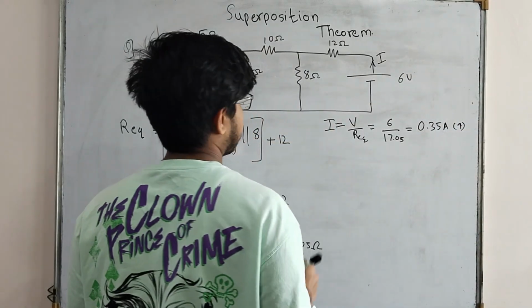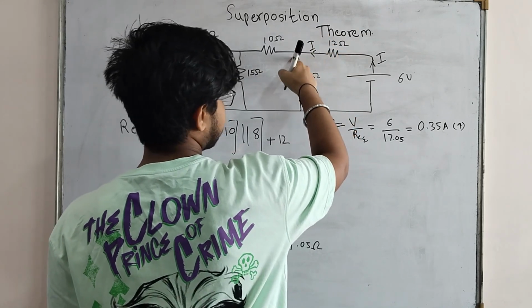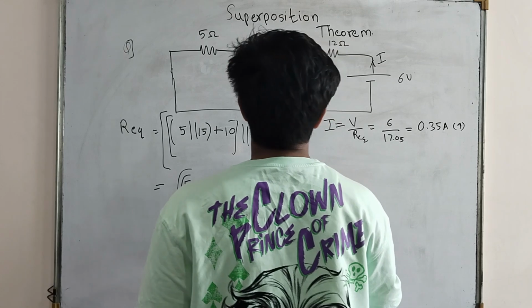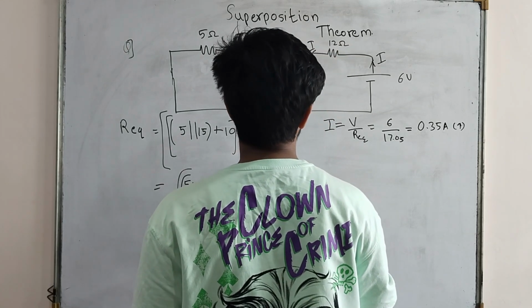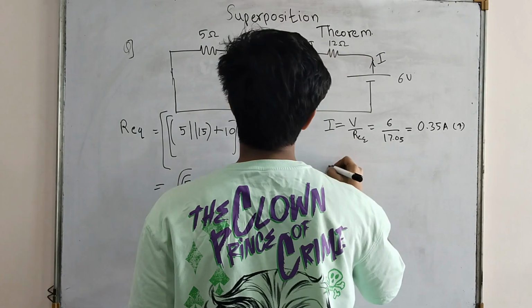So this I will also flow here, and this will get split into this and this branch. So I can calculate it with our current division rule.